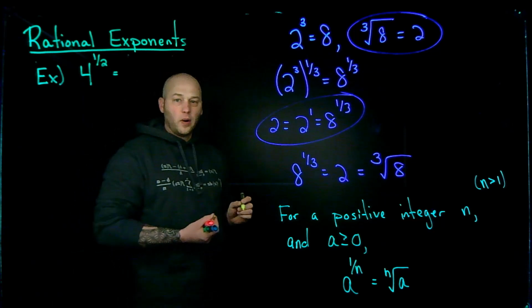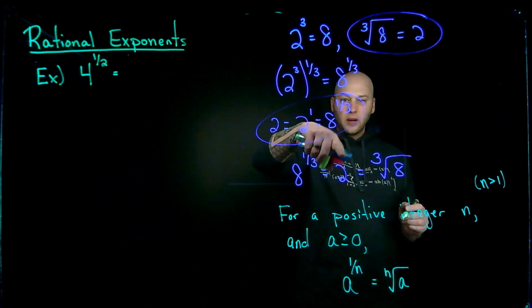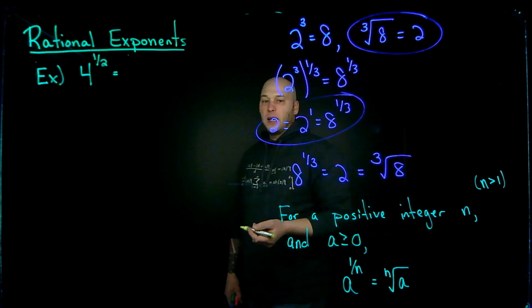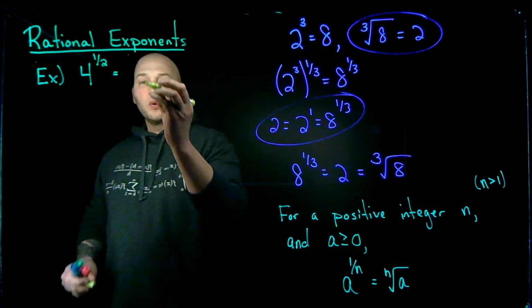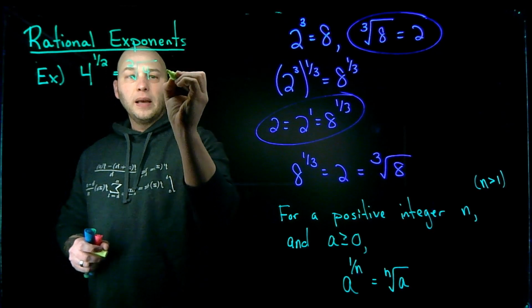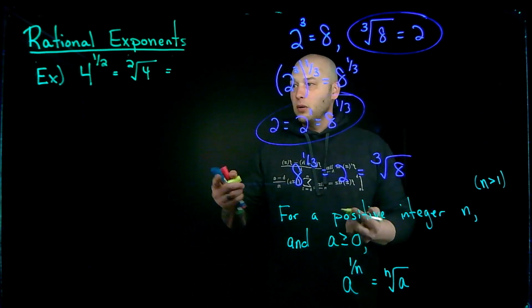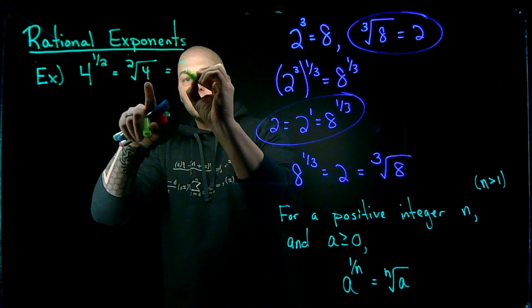According to the statement we illustrated up above, the denominator is the index of the radical. So this would be a radical with index 2 of 4. And remember that a radical with index 2 simply means a square root. So the square root of 4 is 2.